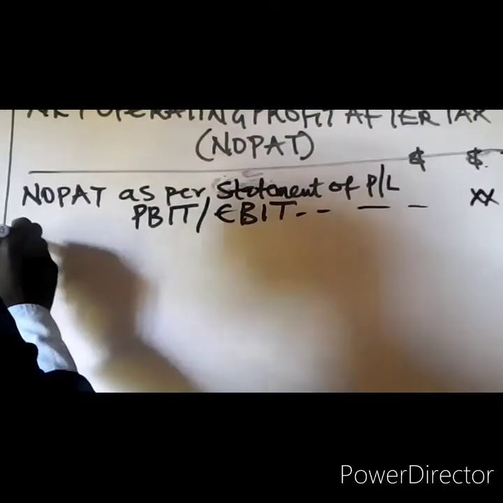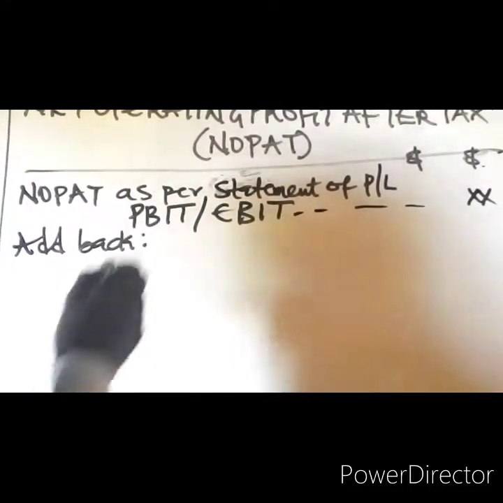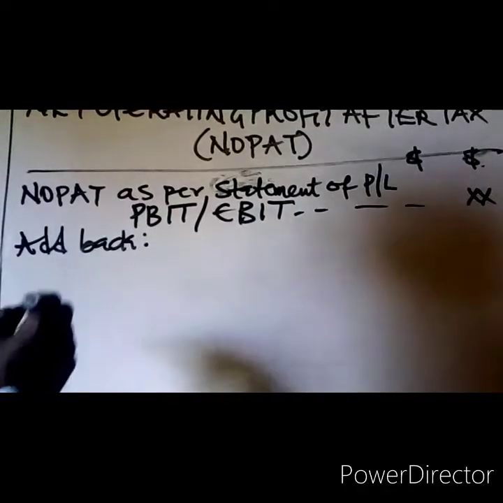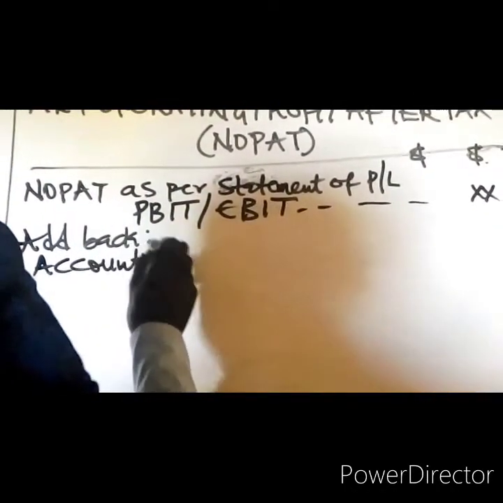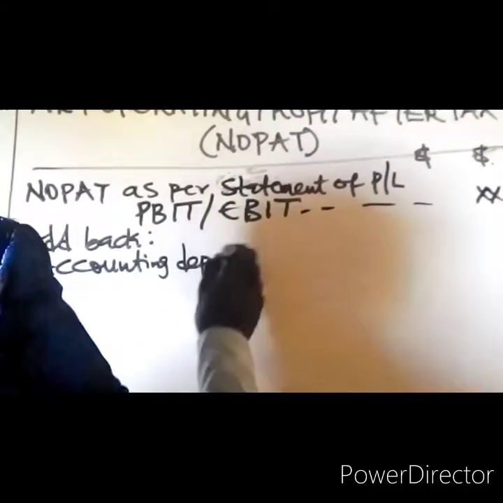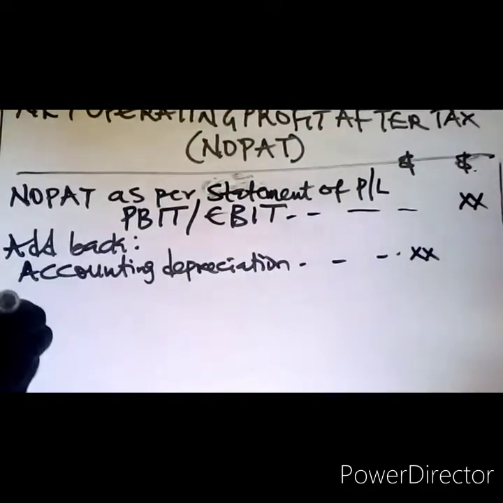You now add back the following items. Number 1 is accounting depreciation, where it is not the same as the economic depreciation, you add the accounting depreciation.